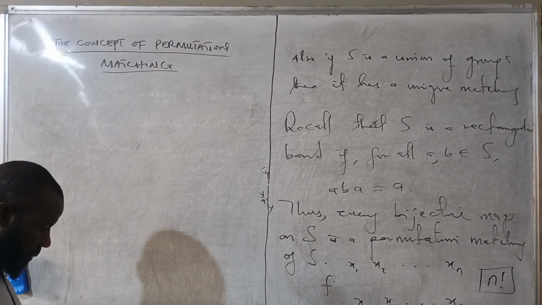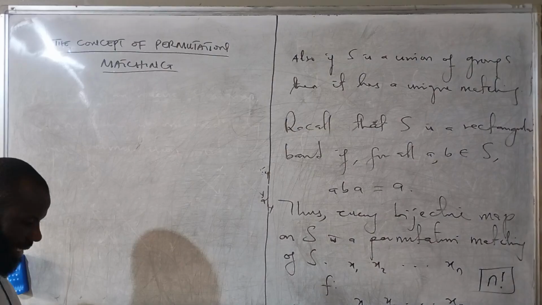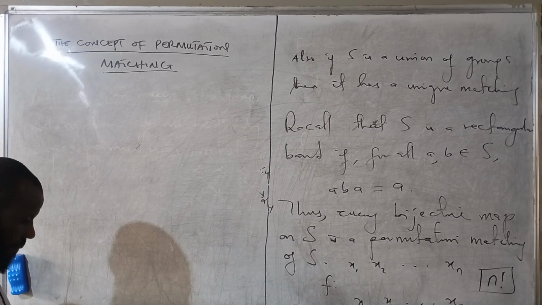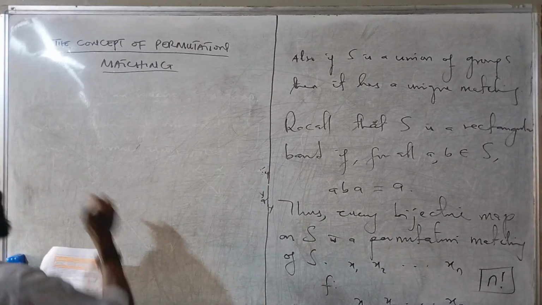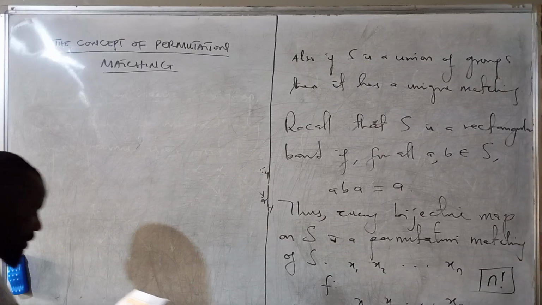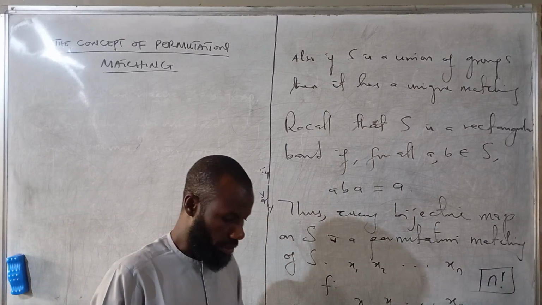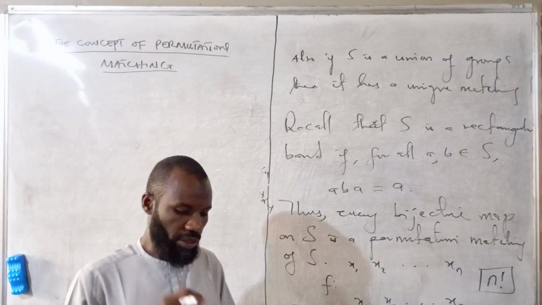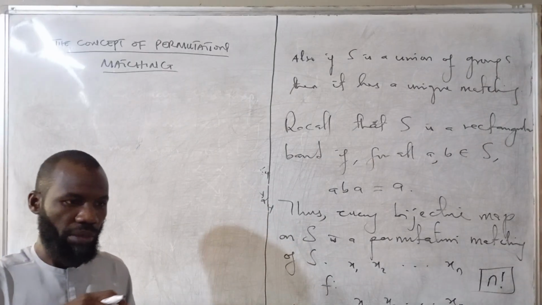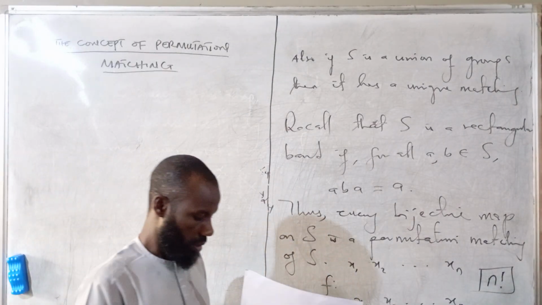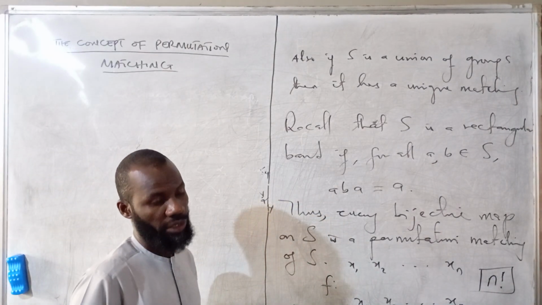But there is a characterization presented there of this matching, some necessary and sufficient condition, because the problem is to find some necessary and sufficient condition under which a particular regular semigroup will have a permutation matching.